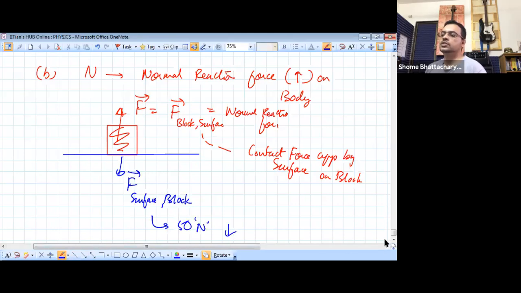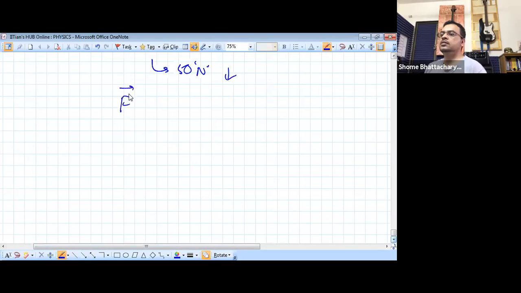So the force applied by the surface on the block and the force applied on the block by the surface. This is an action reaction.